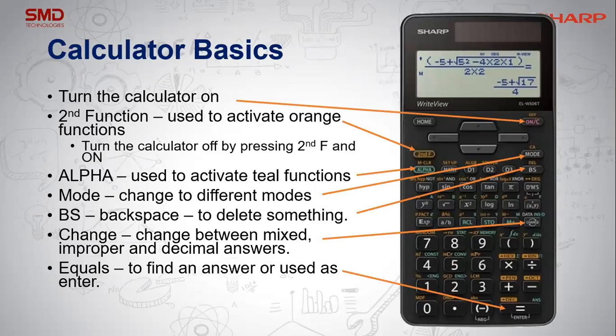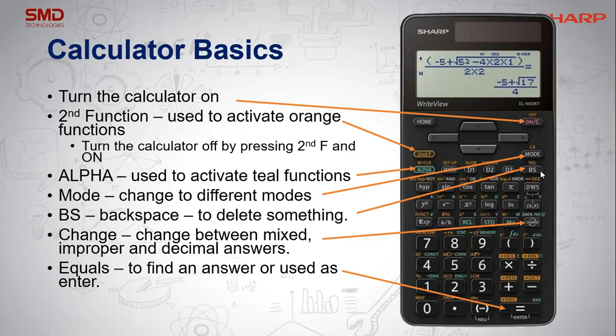Okay, so just some quick basics. You can turn your calculator on using this button. Your orange second function button activates your orange functions. Your teal alpha button activates your teal functions. Fakile says differential calculus. Thanks, Fakile. Then you've got mode, which allows you to access all 9 of the different modes on this calculator.